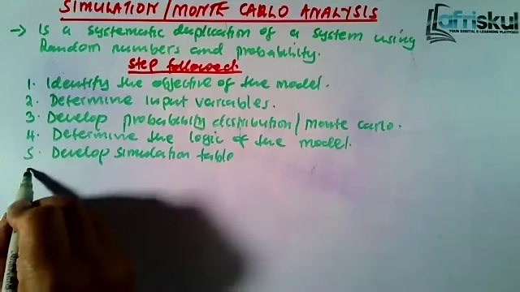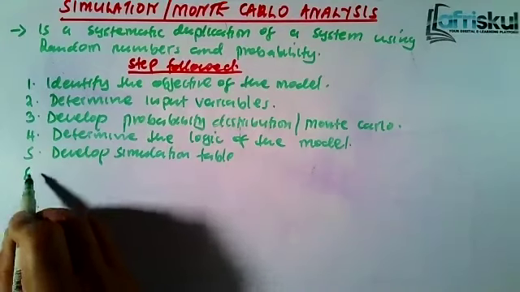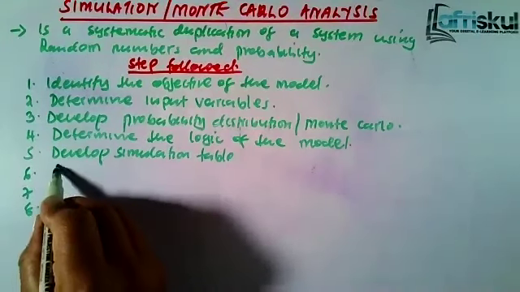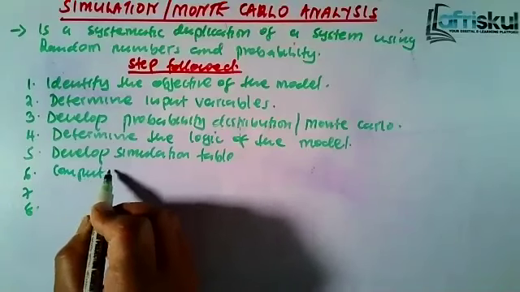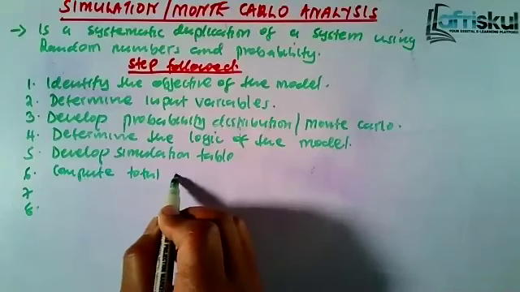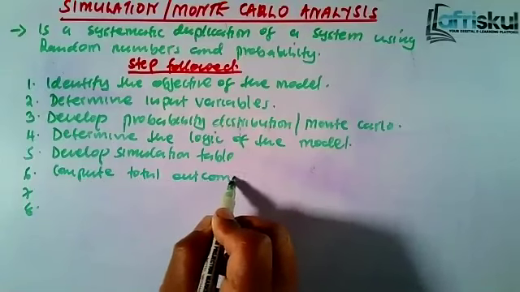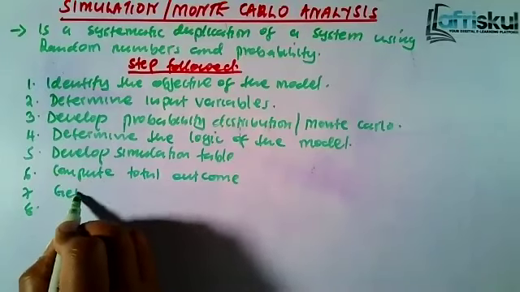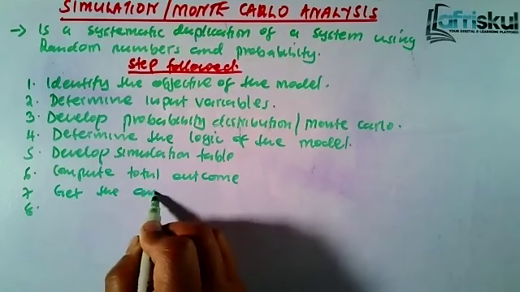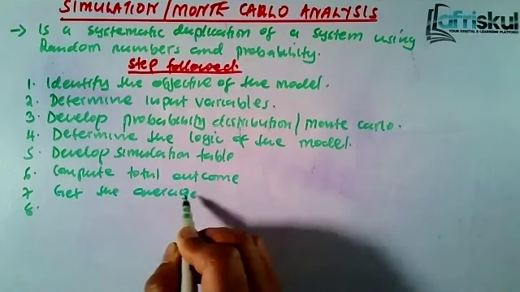Also, we have others, because there are 8 steps. Number 6, you compute the total outcome. Then you get the average outcome.